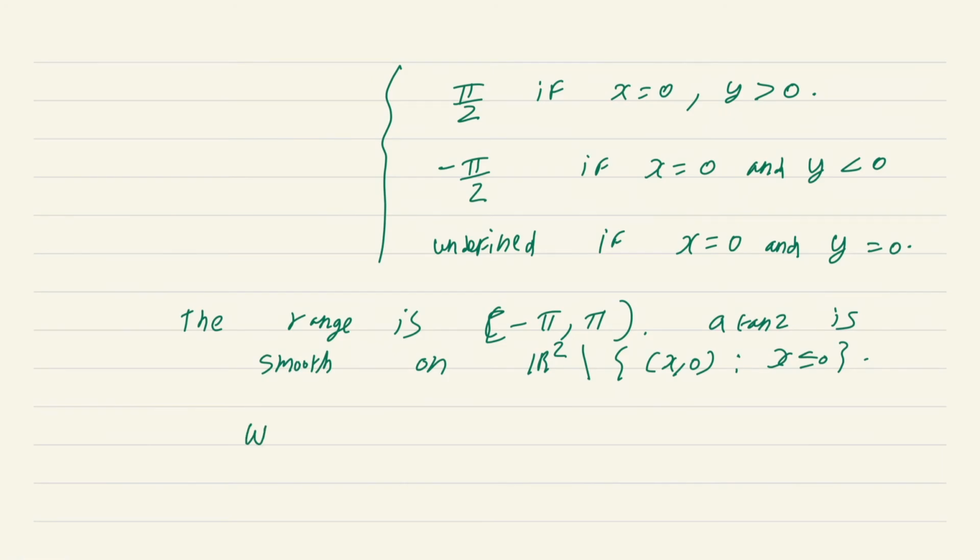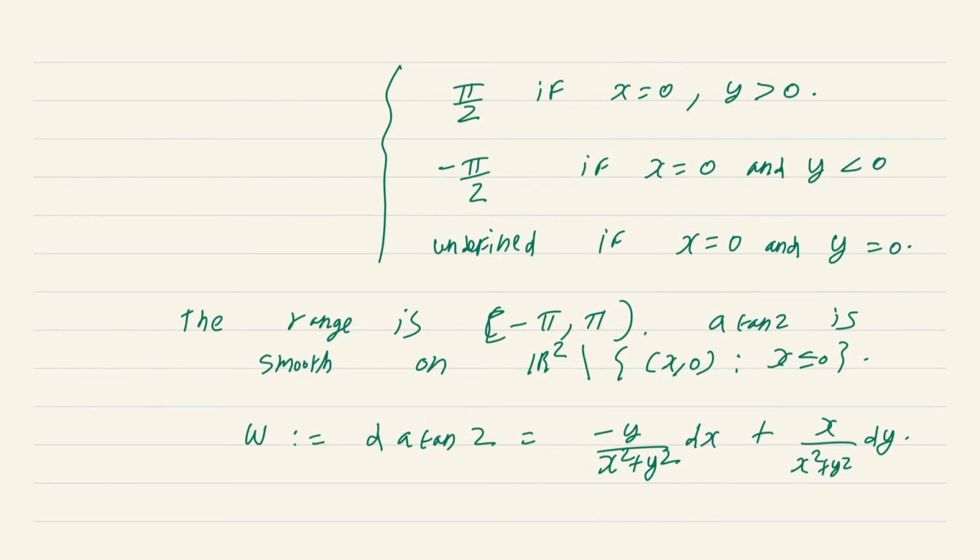Look at the differential form omega, which is d of atan2. You can just do this differentiation and you will see that this is minus y by x squared plus y squared dx plus x by x squared plus y squared dy.